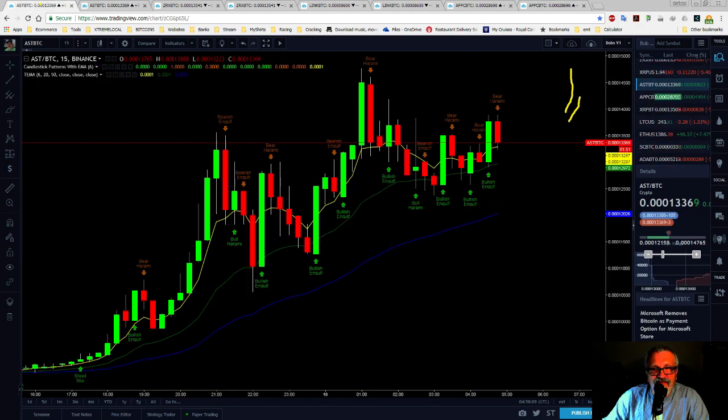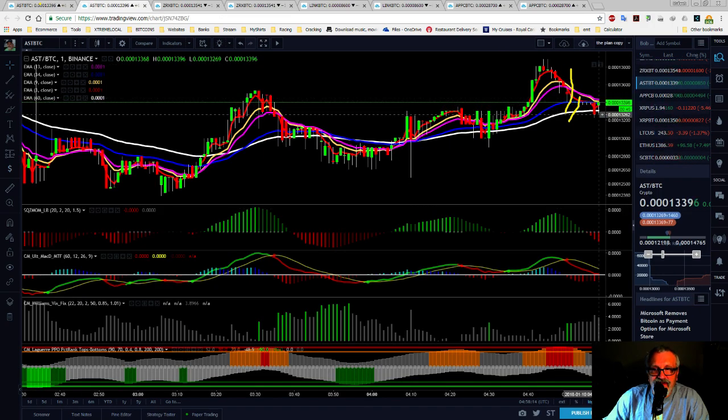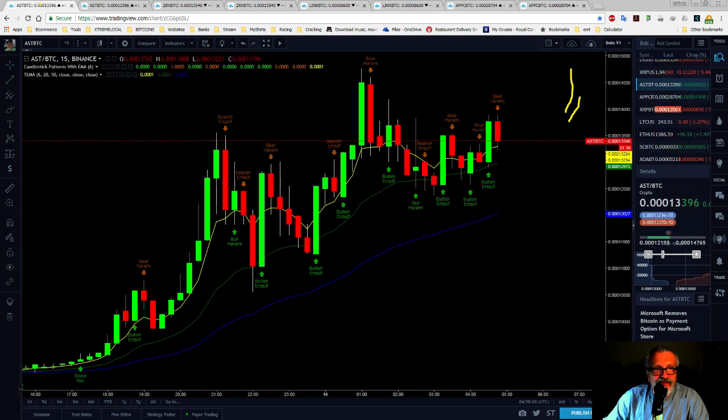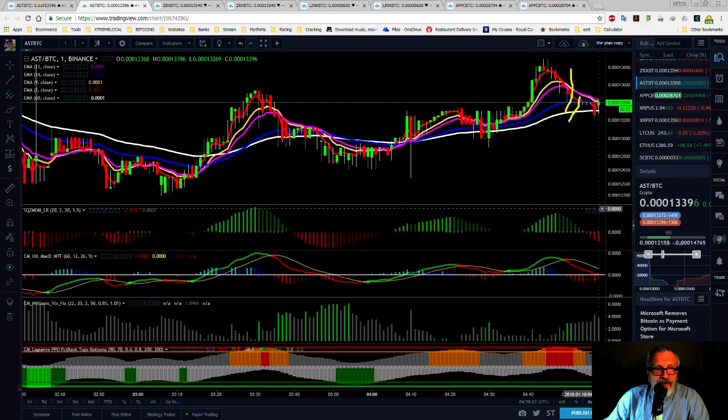It looks different from this chart right here. But you notice that red candle right there. That's that red candle. All right. This chart is on the 15-minute. This chart is on the 1 minute. Okay. We're playing off of this chart right here, folks. All right. We're watching these lines up here at the top.